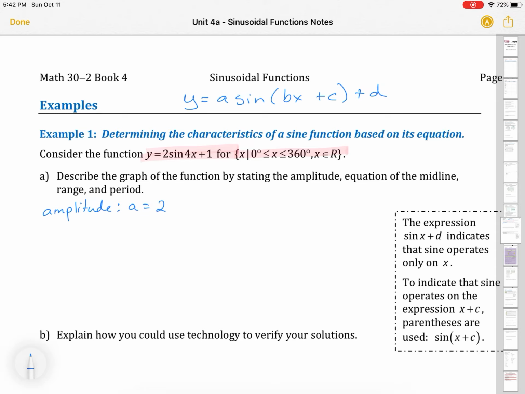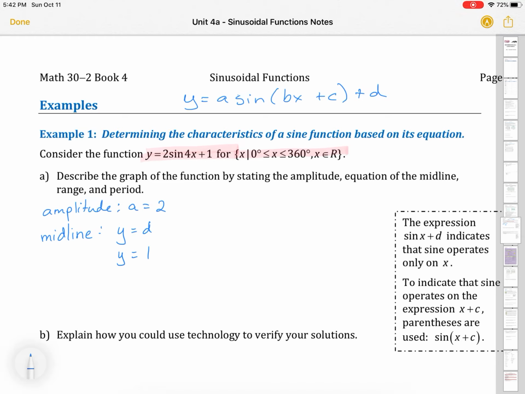So amplitude is equal to A. The equation of the midline, well, we already talked about this, didn't we? The midline, if you look on the previous page, is y is equal to d. So y is equal to 1.